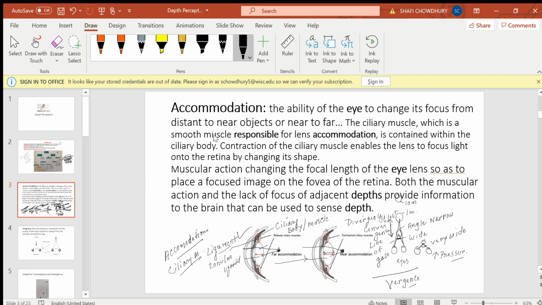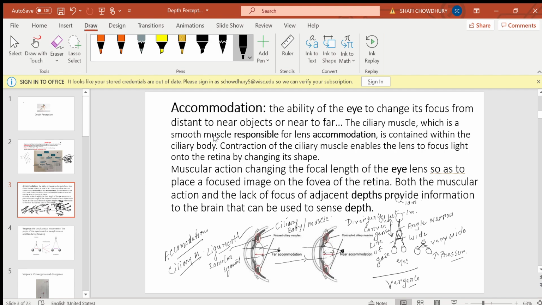So that is also a good clue for your brain to give you the relative distance of the object. Particularly the moving object, you can tell that it's getting smaller as it goes away, and the shape of your lens is also changing.